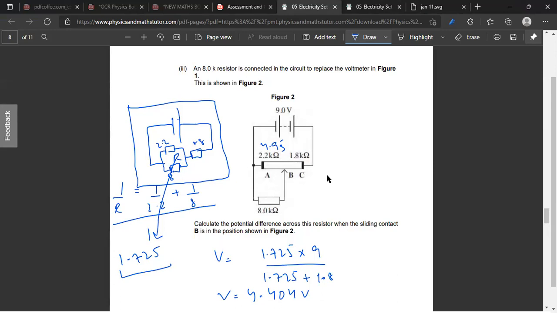Wait, let me get my calculator. Wait, you're actually right. 1 over 2.2 plus 1 over 8 gives 1.725.